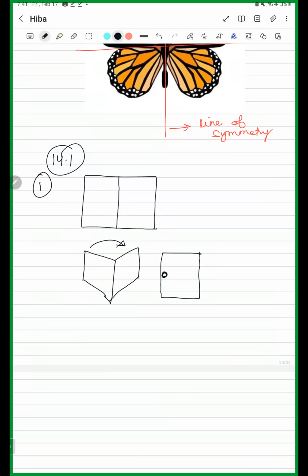Then when you open it, how will it look? Where will the hole be? Will it be only here or here also? It will be in both places, right? Both sides. So the first question and the entire question is related to this thing only: where do you have to fold your paper so that you get the following holes?